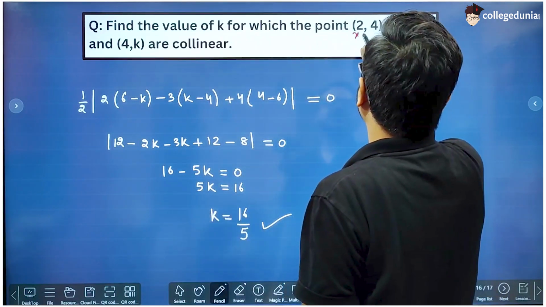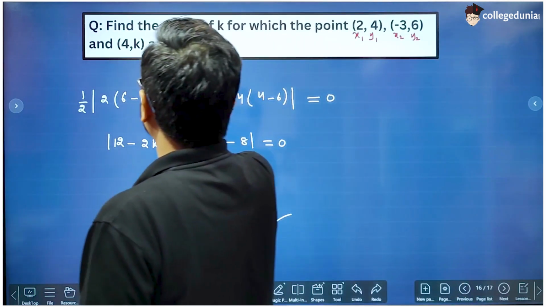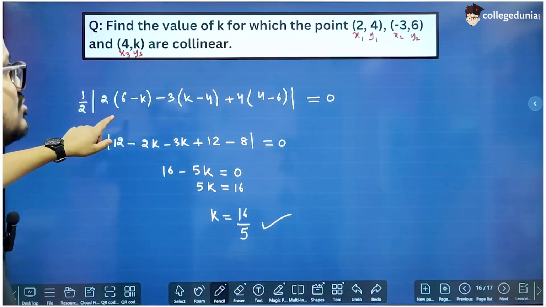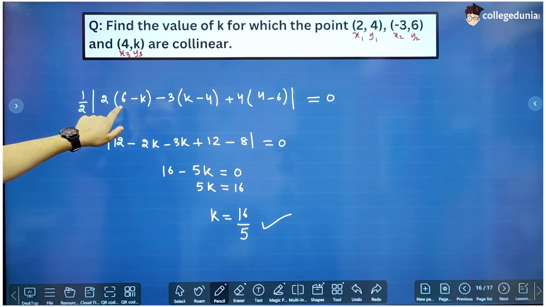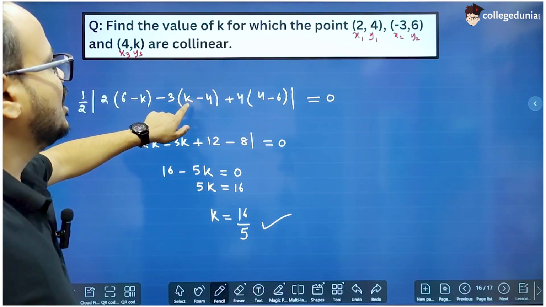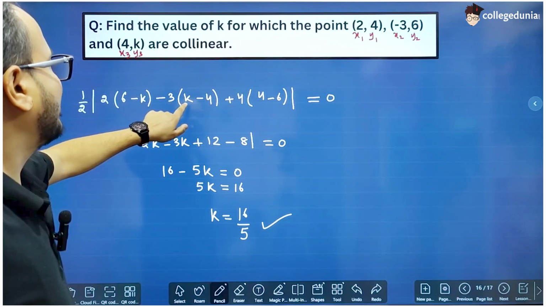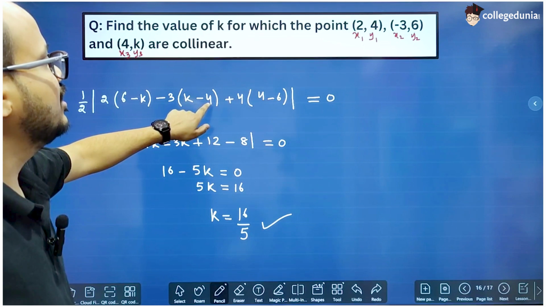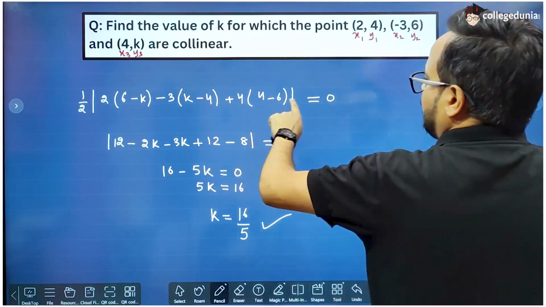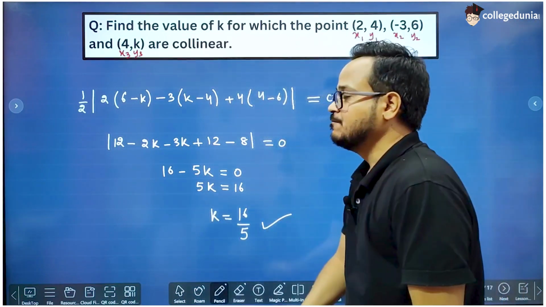Let me check if I have not made any mistake. x1 is 2, y2 is 6, minus y3 is k, plus x2 minus 3, y3 minus y1, plus x3 (y1 minus y2). Okay, so the answer is 16 by 5.